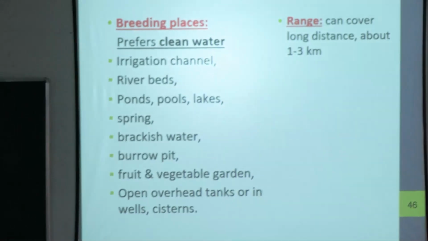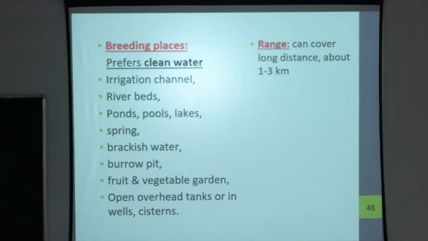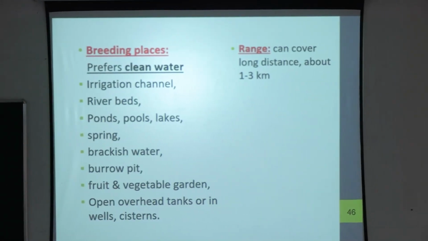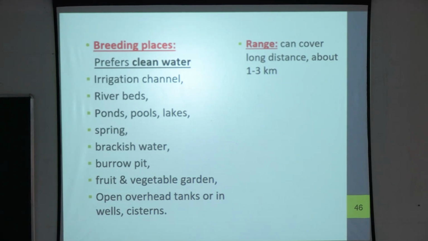Breeding places, it prefers clean water. Now what type of clean water? Irrigation channel, river bed, ponds, pools, lakes, spring, brackish water, burrow pit, fruit and vegetable garden, well, open overhead tanks and cistern, meaning anywhere clean water is found. Depending on the species of Anopheles, the place of breeding differs.